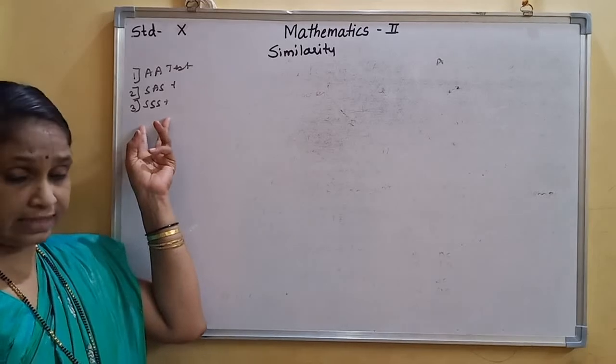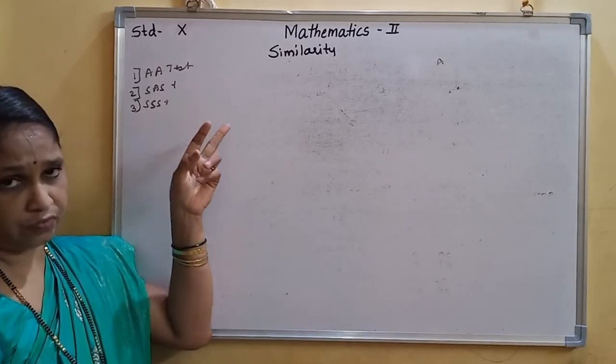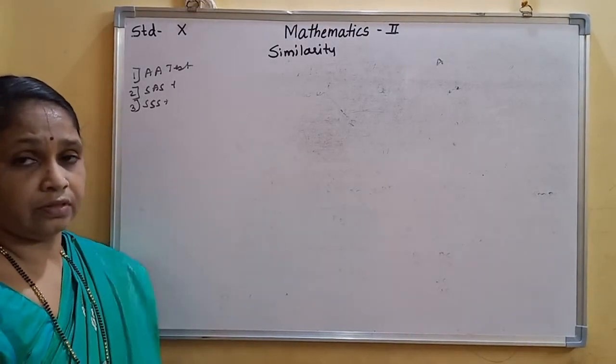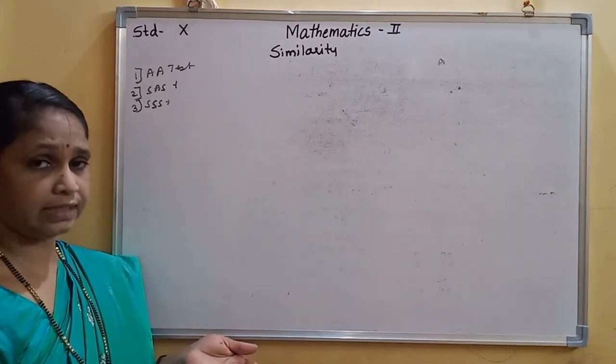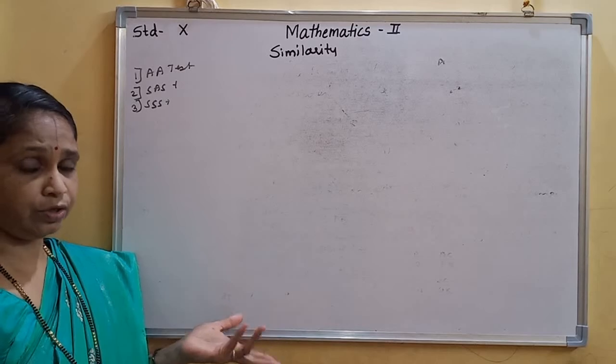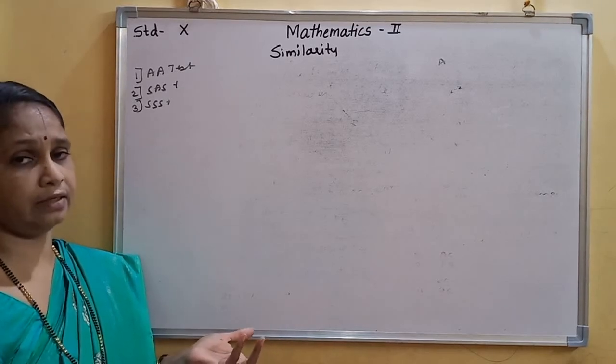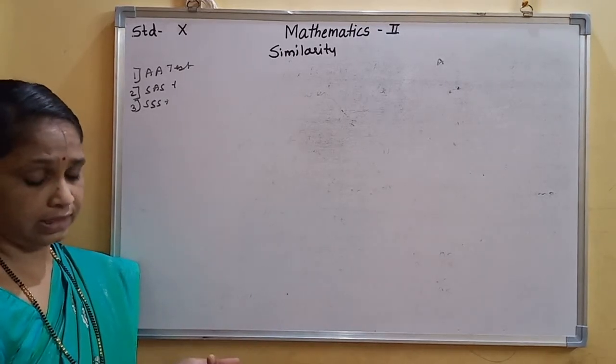Now in the SSS test, all three sides of a triangle and the corresponding three sides of the other triangle are in proportion, then we can say that the two triangles are similar.